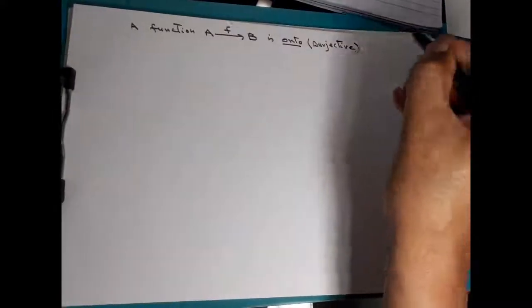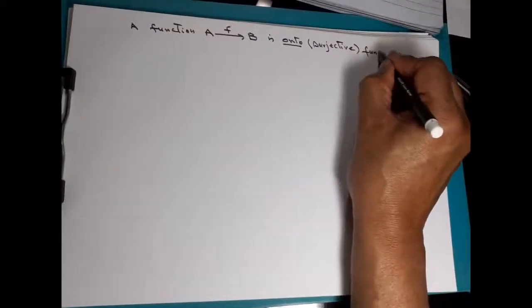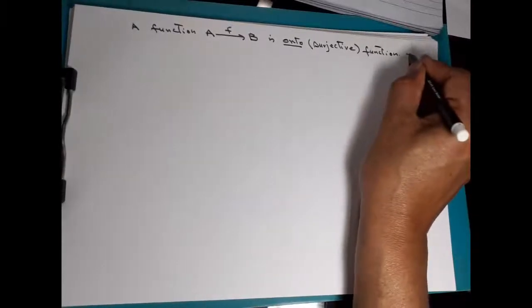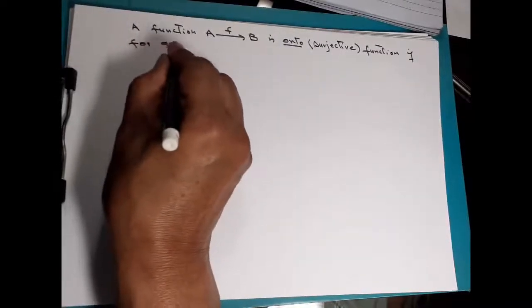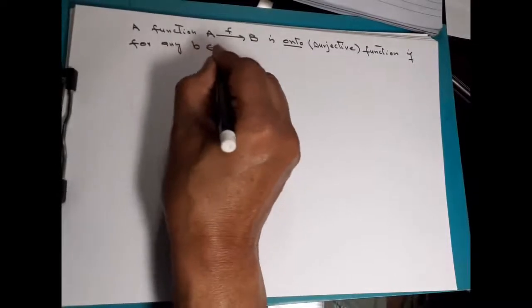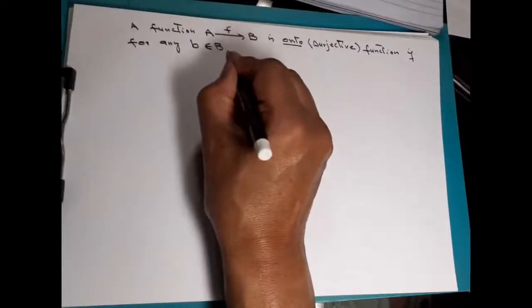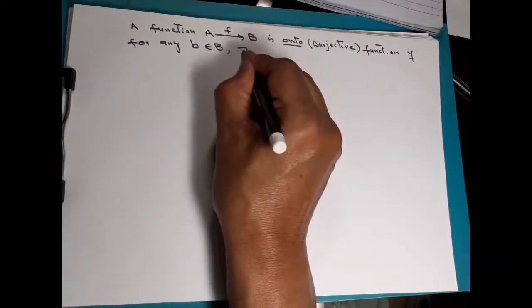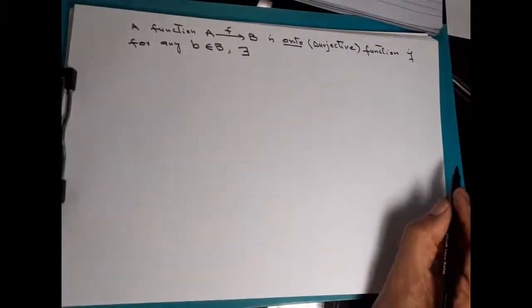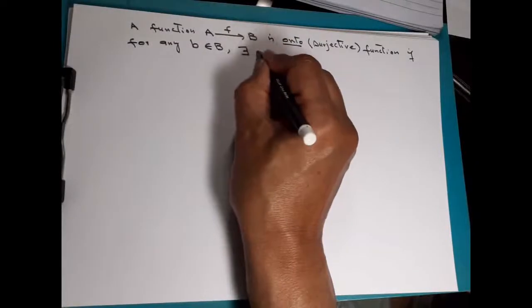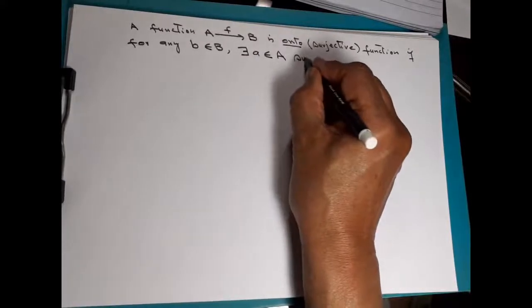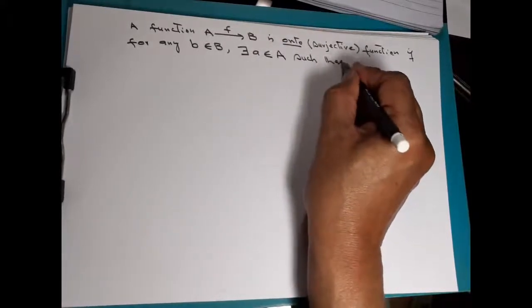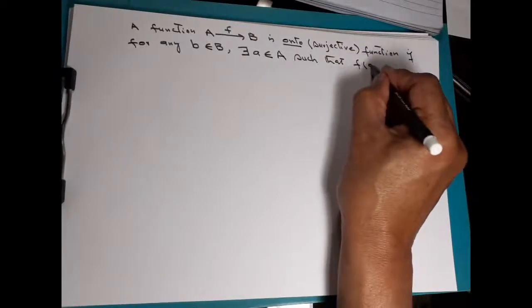So a function is onto function if for any b belonging to B there exists a belonging to A such that f(a) is equal to b.